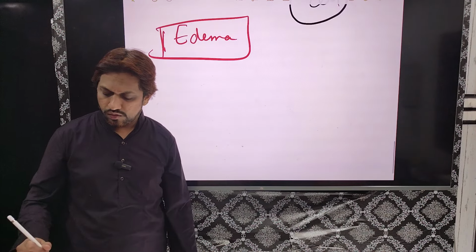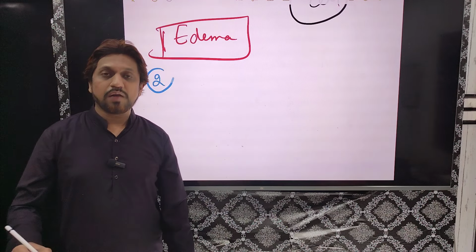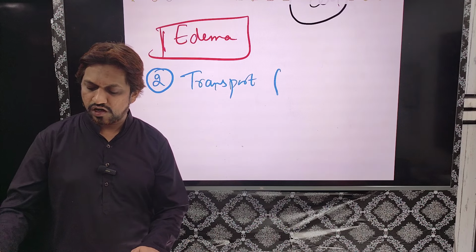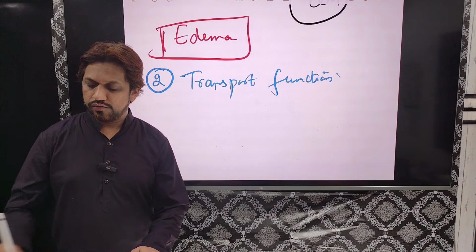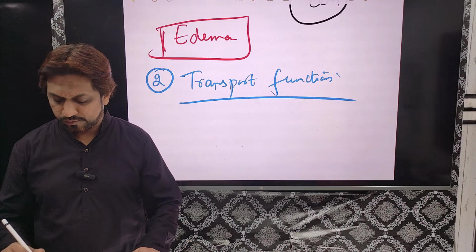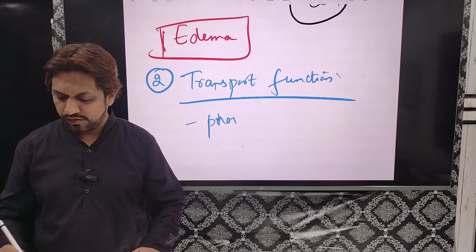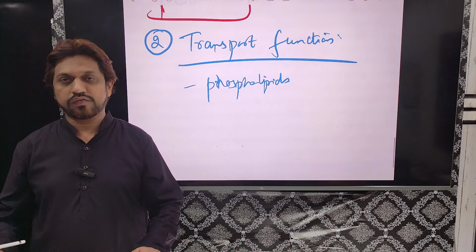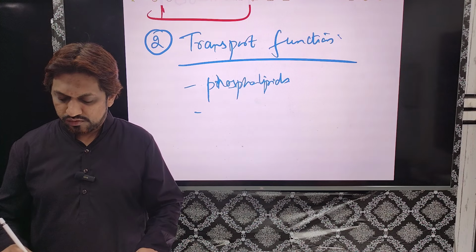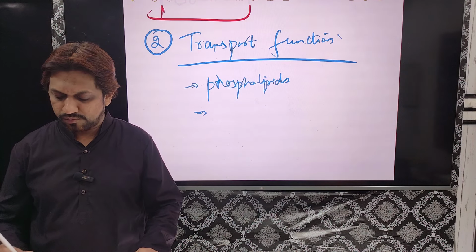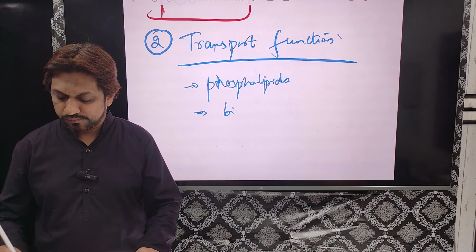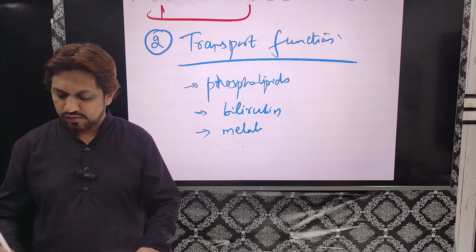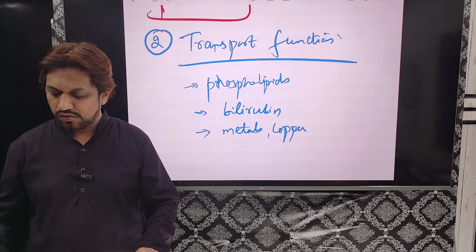Now the second important function is that albumin helps in the transport of various substances, the transport function. Albumin will help in transport of phospholipids, then fatty acids or lipoproteins also, then bilirubin, then certain metals like copper or calcium.